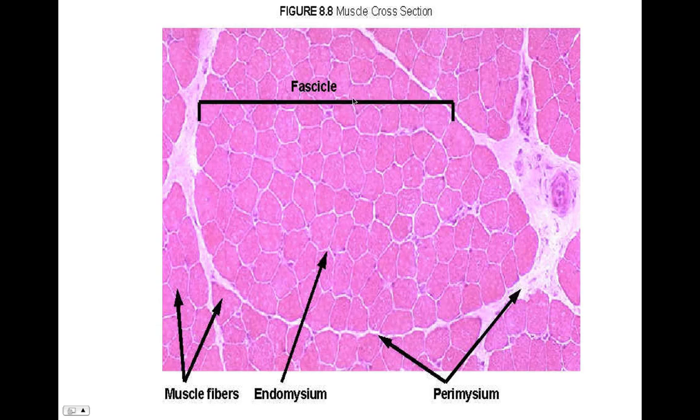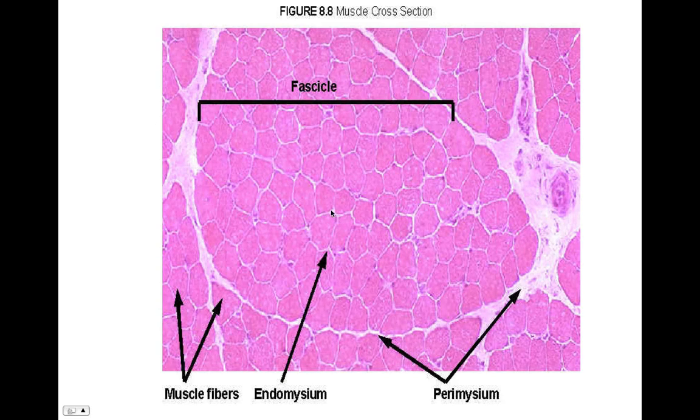So here we have a close-up. These are the individual muscle fibers again. You can kind of start seeing the nuclei around the muscle fibers. So this is a muscle fiber, nuclei. Here's the nucleus, nucleus, nucleus, nucleus.